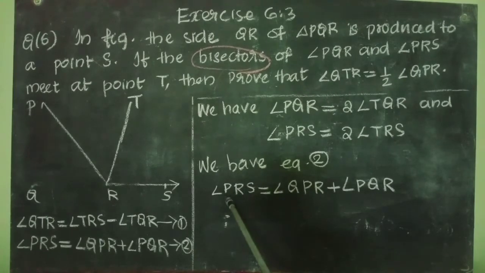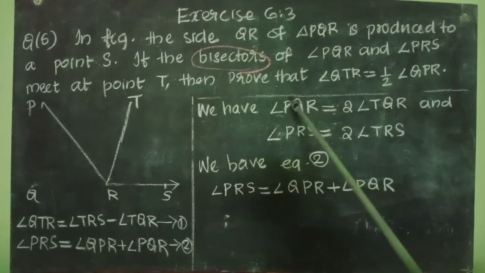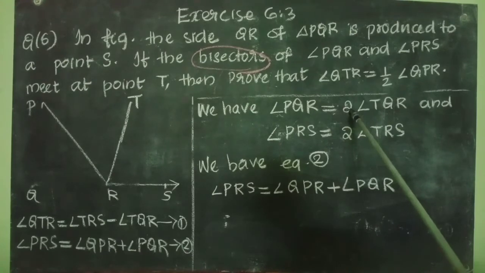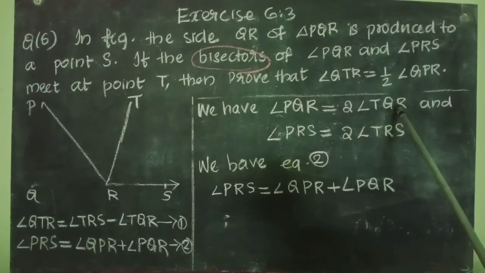This angle PRS I am going to replace by 2 angle TRS, because angle PRS equals 2 angle TRS. In the same way, this angle PQR I am going to replace by 2 angle TQR.